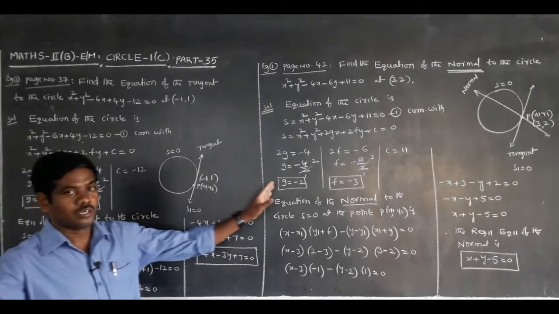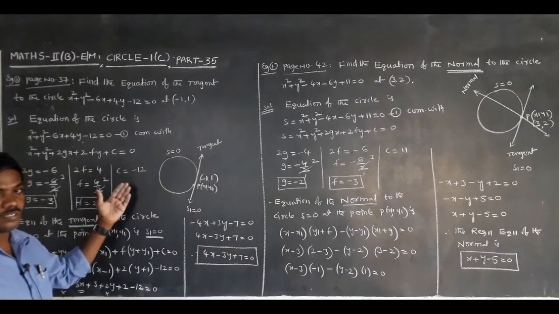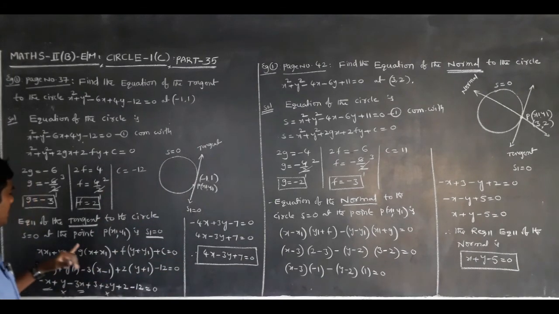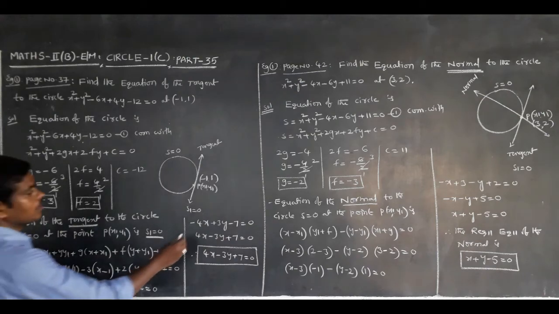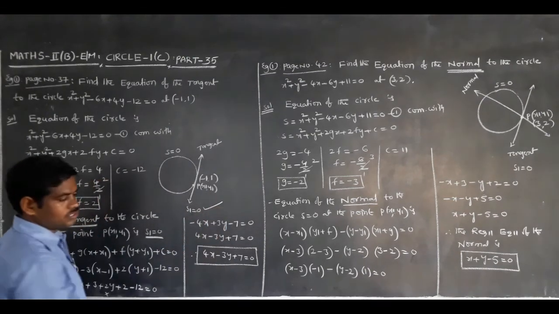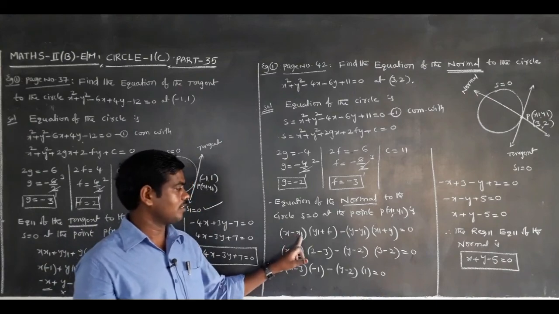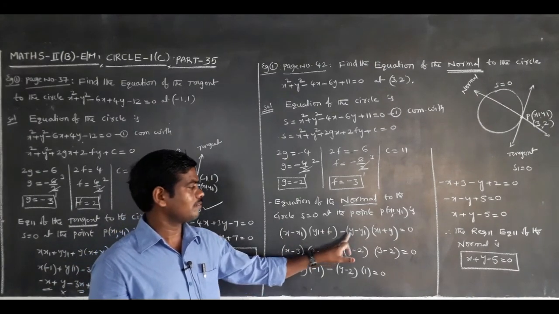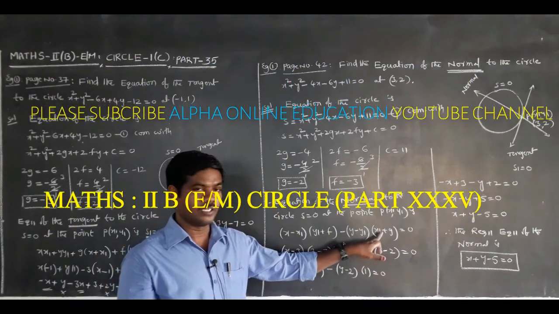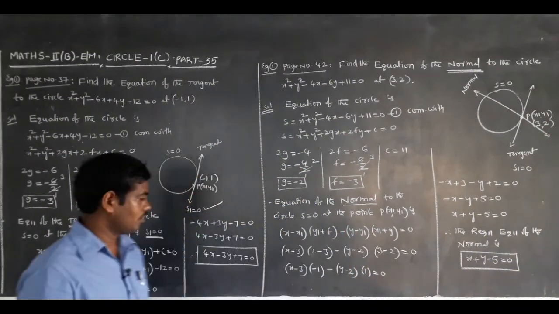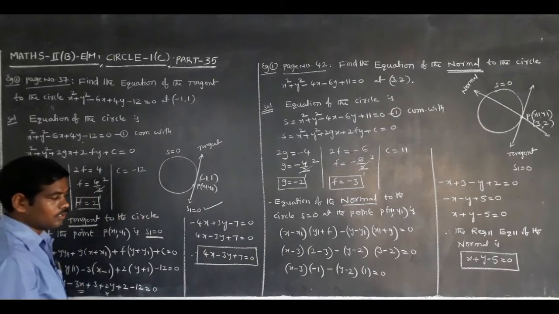Here, first one is find the equation of the tangent. The tangent equation formula is S1 is equal to 0. The equation of the normal is (x minus x1) into (y1 plus f) minus (y minus y1) into (x1 plus g) is equal to 0.